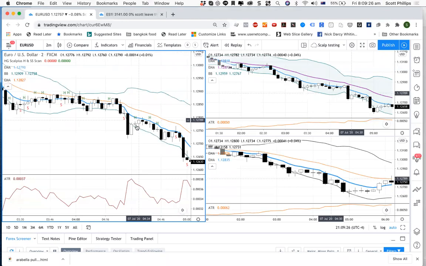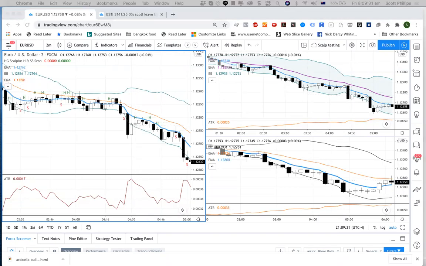And the entry is 1.12785. Sorry, I got that wrong. And that is 7 pip loss. So we now had 3 losers in a row. The ATR value there was 0.0036, and it was Bollinger Touch, Bollinger Touch.